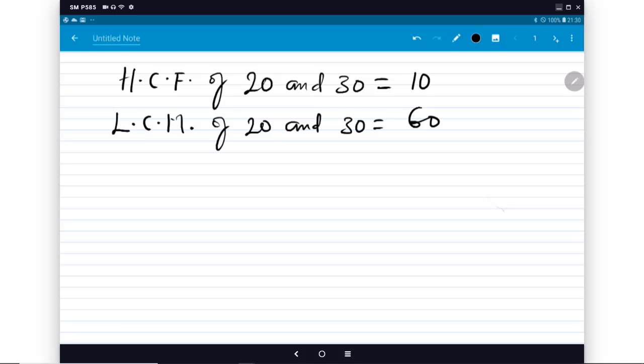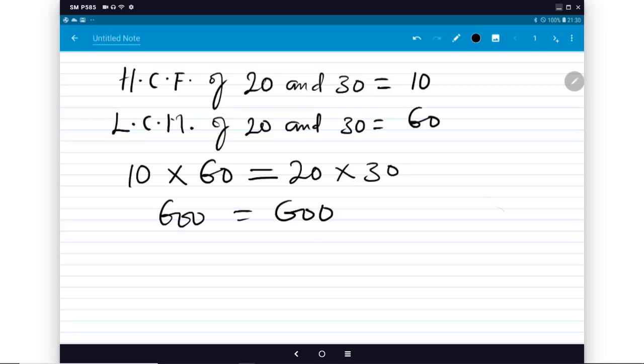So we are saying that the product of the HCF and the LCM of two integers is equal to the product of the two integers. So let's see. The HCF 10 times 60 is equal to the product of the two integers 20 times 30. That is 600 equals 600, and which is true. Okay, so that is what the rule is saying.